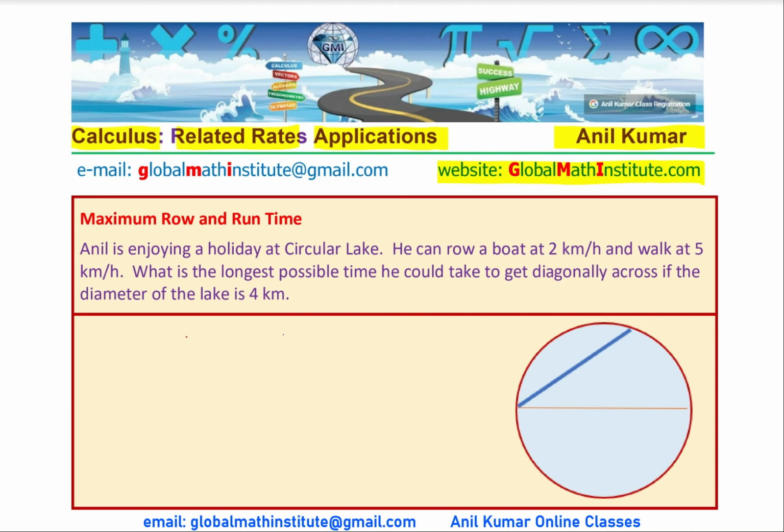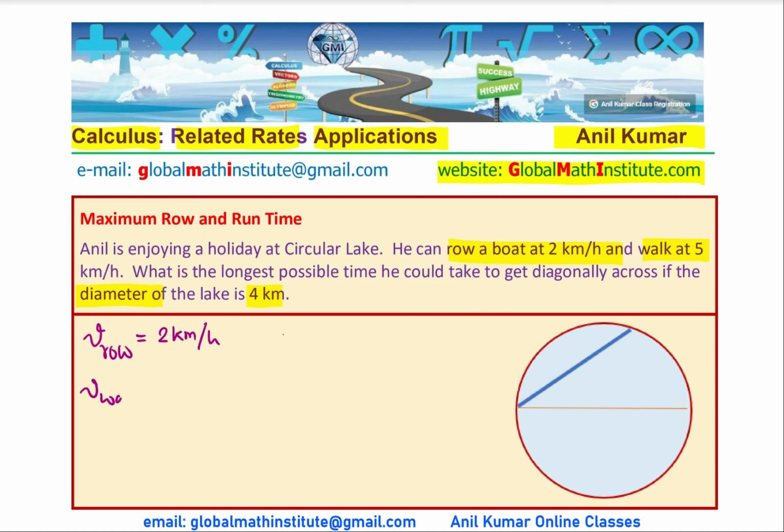So we are given that rowing the boat speed is 2 kilometers per hour, walking is 5, and the diameter of the lake, which is circular, is 4 kilometers. So the velocity of rowing is 2 kilometers per hour.